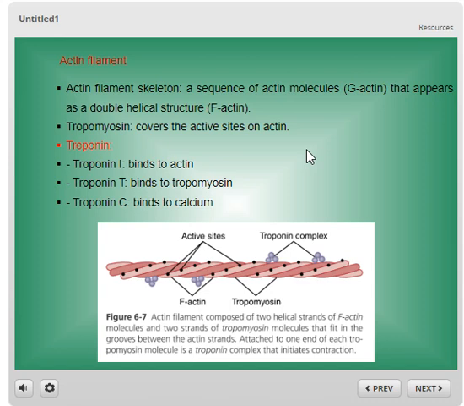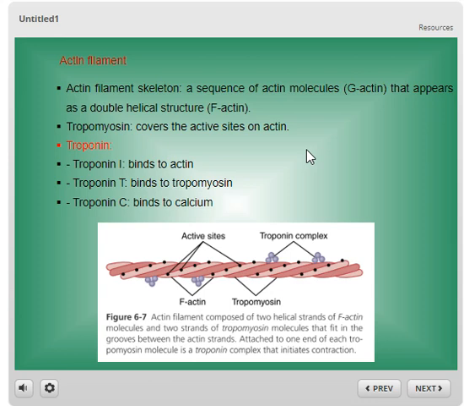We have three types of the troponin. Troponin I, troponin T, and troponin C. The troponin I binds to actin, anchoring the troponin complex to the actin filament, and troponin T binds to tropomyosin, helping to position the troponin complex on the actin filament.